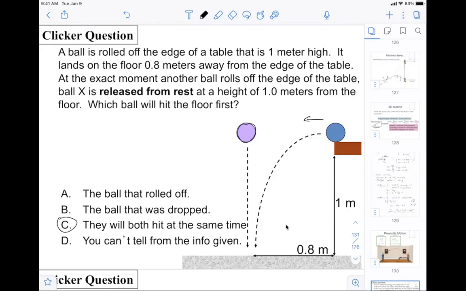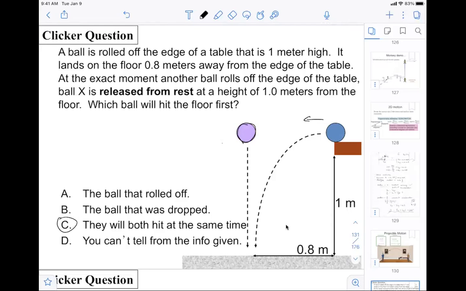The motion in the y direction is identical between these two. One is being released from rest with an initial velocity of 0 and falls down for 1 meter. Other than the horizontal direction, the vertical direction is identical, right? We don't have to look at the horizontal direction, because when we do the motion in the y direction, these two are independent, right?